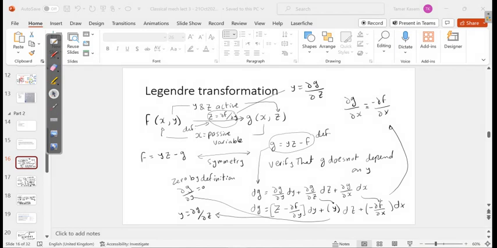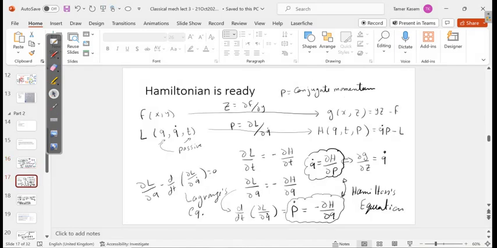That's why partial L by partial T is equal to negative partial H by partial T, and the same for partial L by partial Q and partial H by partial Q, as long as you observe that L here plays the role of F and H here plays the role of G. So these two equations are well justified.